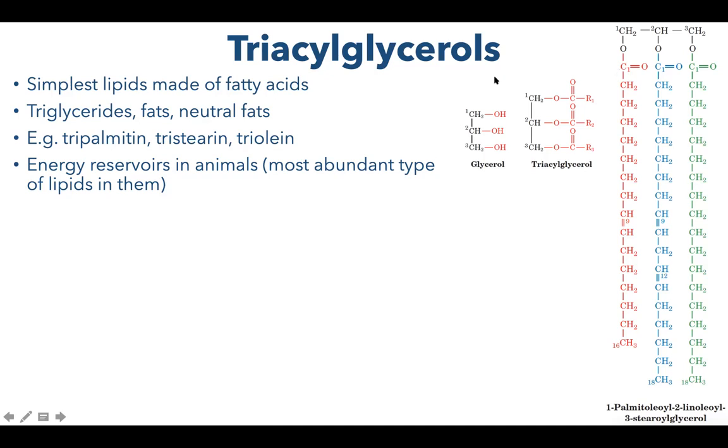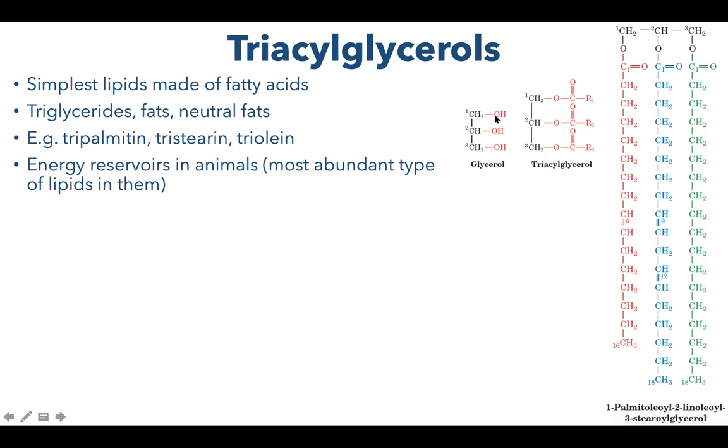So ibig sabihin, for example, pag sinabing tripalmitin, meron kang tatlong palmitic acids na magko-condense with your glycerol. Or pag sinabing tristearin, then you have 3 stearic acids condensing with one glycerol molecule. Pag sinabing triolein, you have 3 molecules of oleic acid condensing with one glycerol molecule.